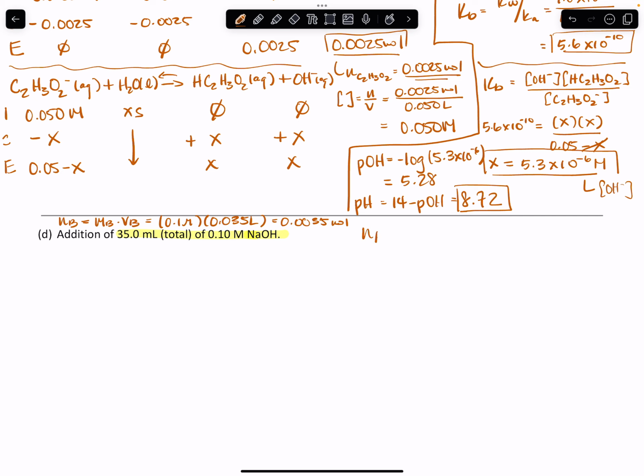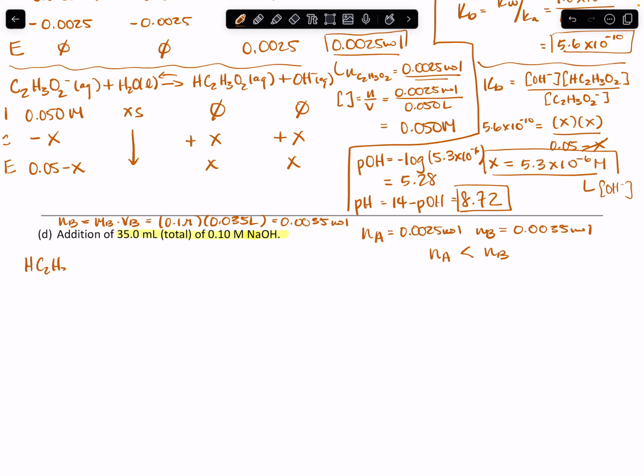So moles of acid are still 0.0025, and now moles of base are 0.0035. Hopefully we recognize that the moles of acid are now less than moles of base. So we passed the equivalence point, and now we're going to have excess strong base in solution when we're finished with the titration step, which tells me my pH value in the end should be very high. But we got to prove it.